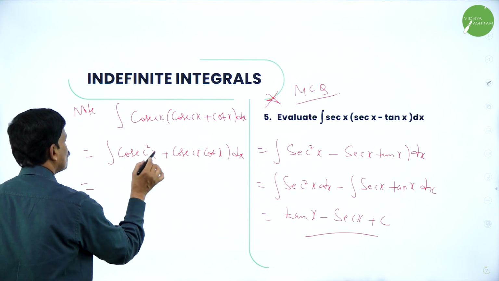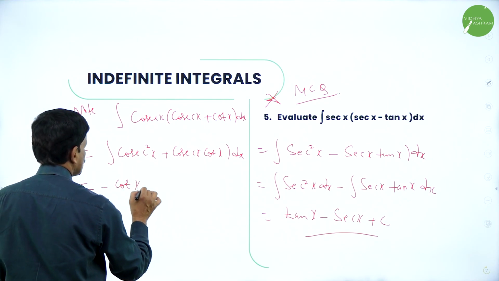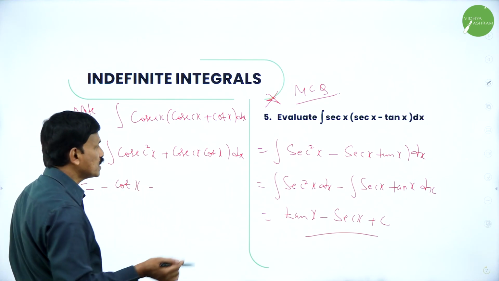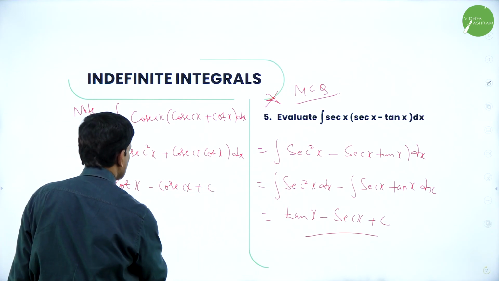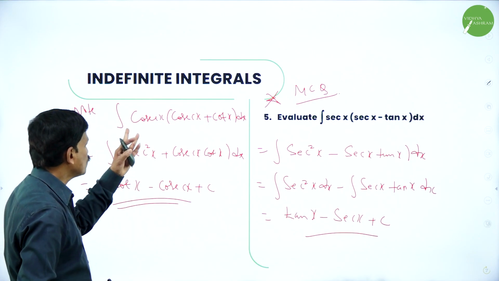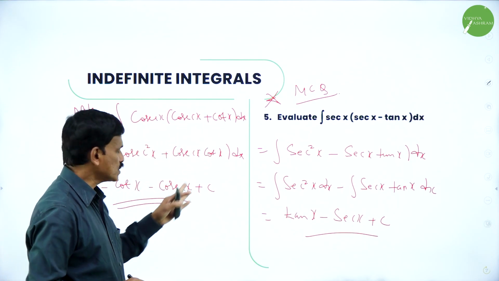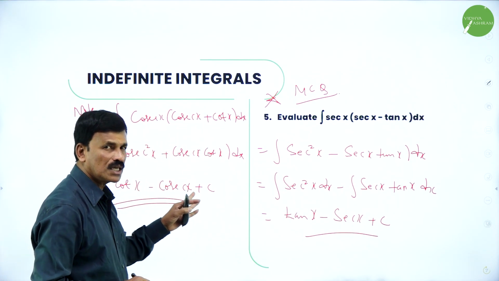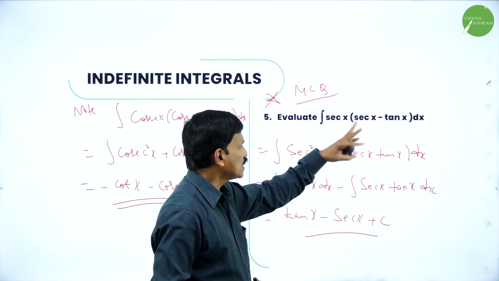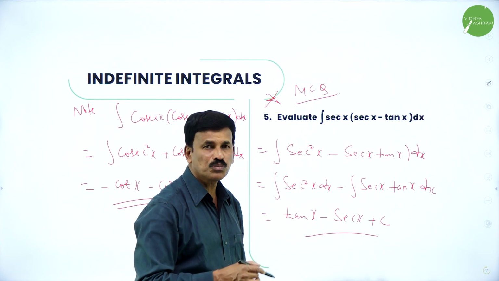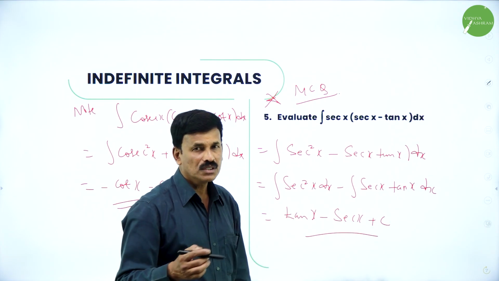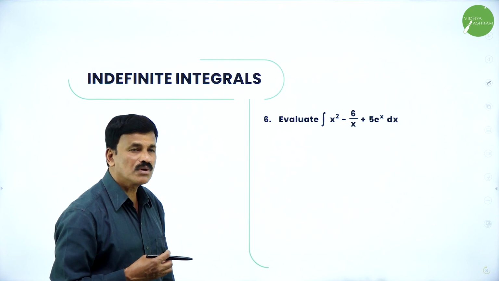Now integral of cosecant square x is minus cot x, and integration of cosecant x cot x is minus cosecant x plus c is the integrated answer. So for cosecant x into cosecant x plus cot x, the answer is minus cot x minus cosecant x. For secant x into secant x minus tan x, it is tan x minus secant x plus c. These two problems are very important for the point of examination, right? Move on to the next problem.